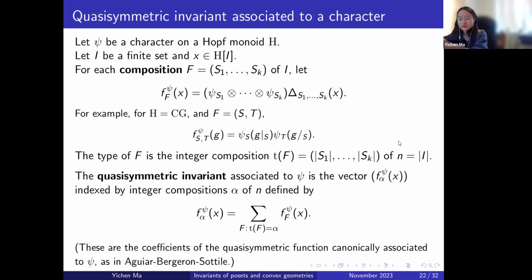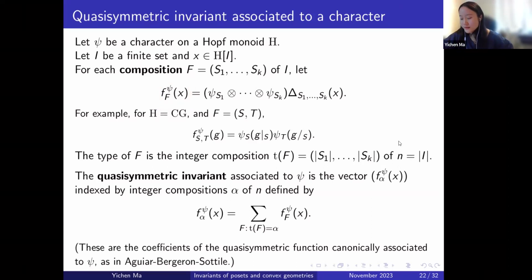So let us recall the composition. We know the definition of compositions, and then we define some F values with respect to C and a composition F. To determine F, first we compute the coproduct with respect to this composition, and then we apply a tensor product of the character C restricted on the S_i.